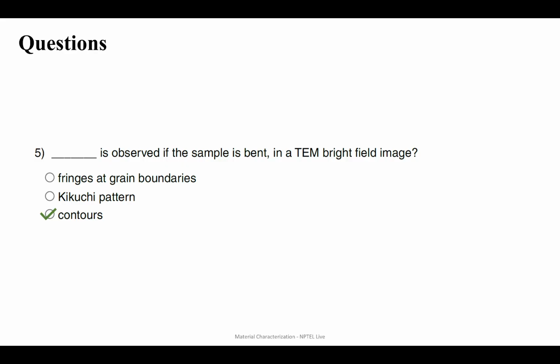So the answer will be C, contour. If the sample is bent, the transmission of light will be slightly off axis, which will result in contours.